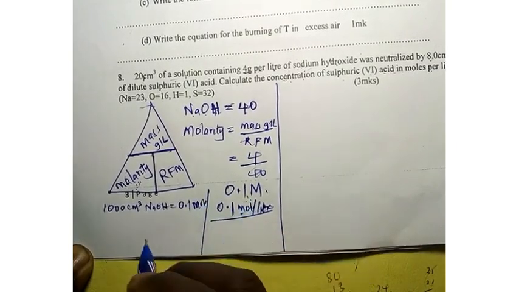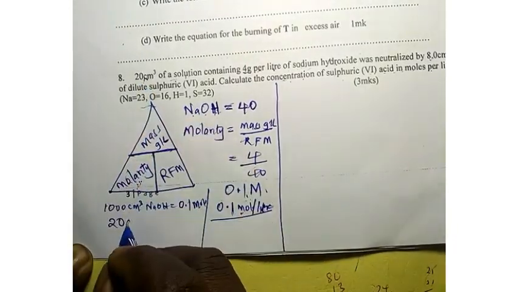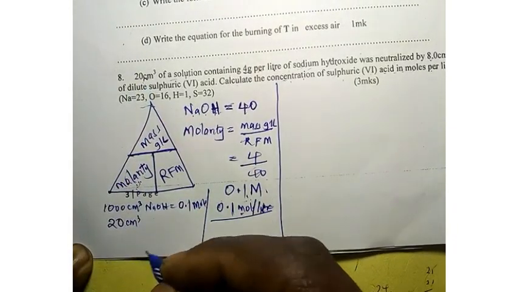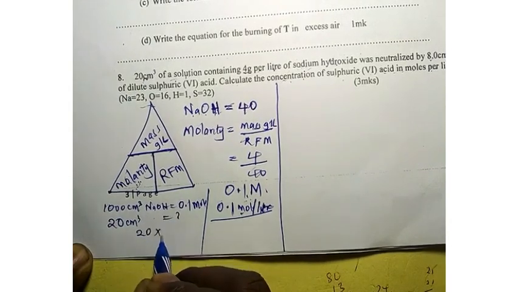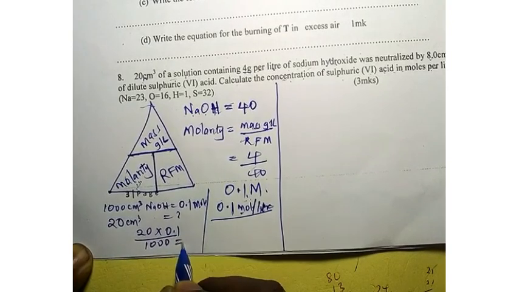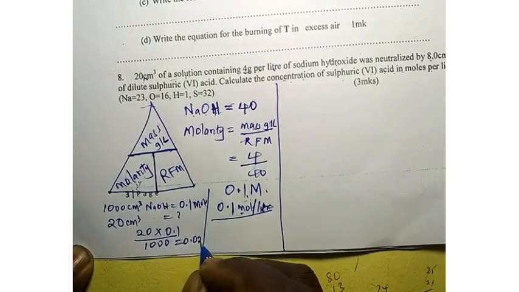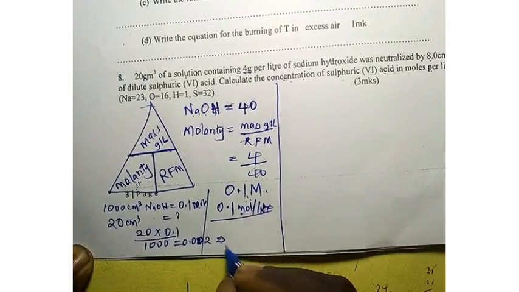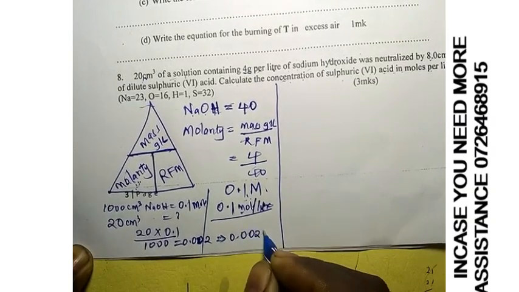The 20 centimeters cube that reacted will contain 20 times 0.1 divided by 1,000, which gives us 0.002 moles.